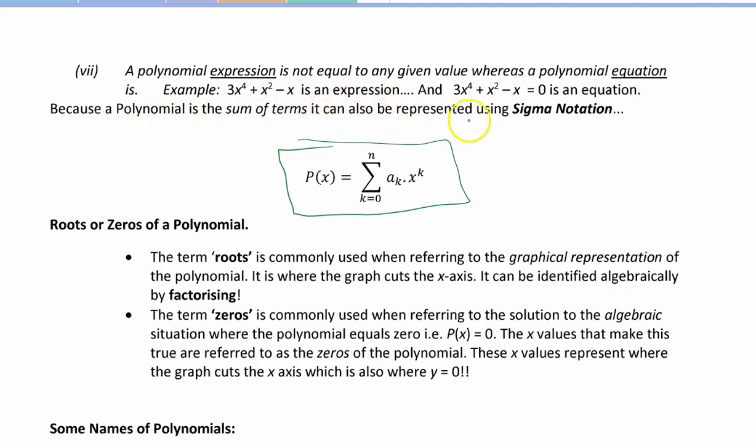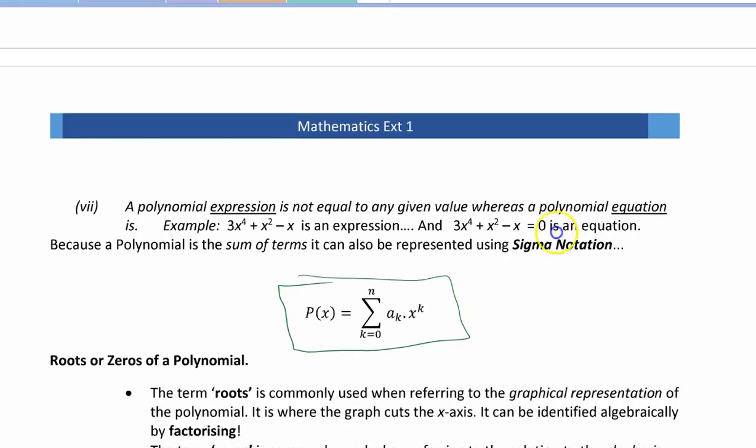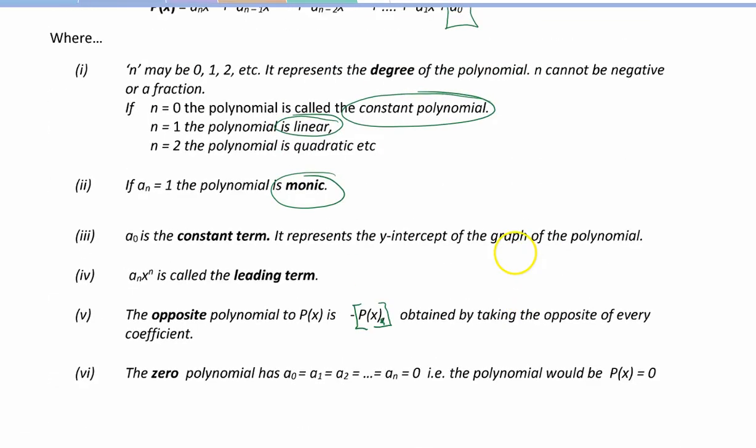Because a polynomial is a sum, it can be represented using this sigma notation. And I think we've dealt with that before. So k could be 0. Now, if k is 0, then we would start with our constant term, wouldn't we? Then we'd have our x term when k is 1, and then we go k is 2 and k is 3. So it's actually the reverse of how you commonly see the polynomial written.